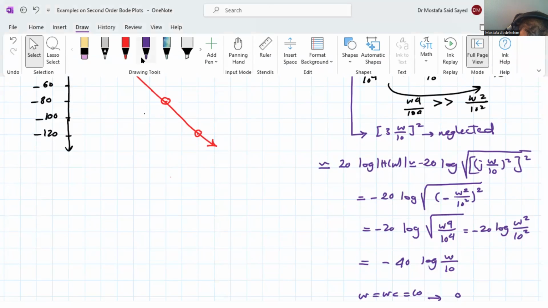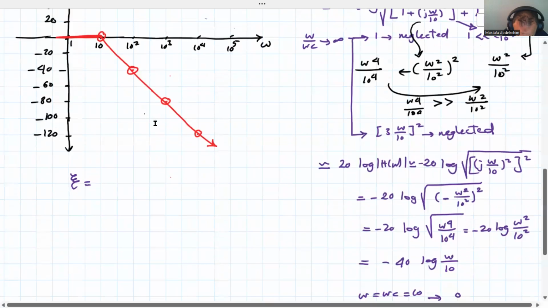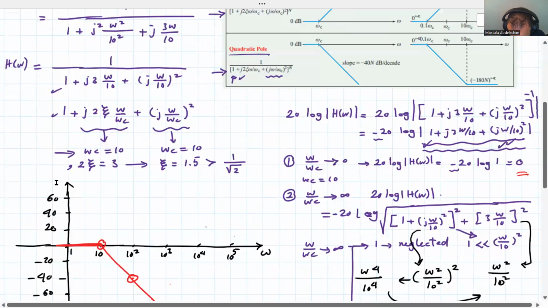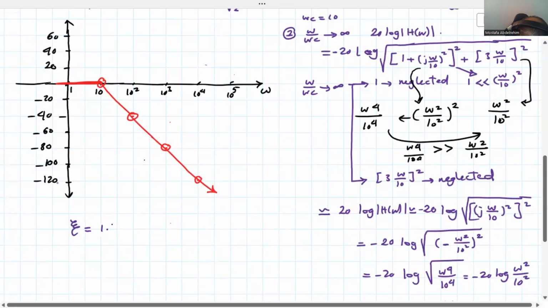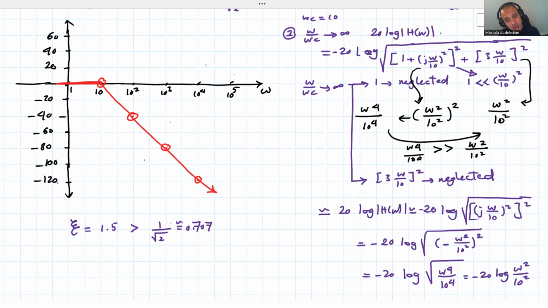So the value of zeta, we have zeta equal to 1.5. 1.5 is higher than 1 divided by the square root of 2, which is around 0.707. Based on that, you have to do some smoothing. I'm going to show you how to do that.